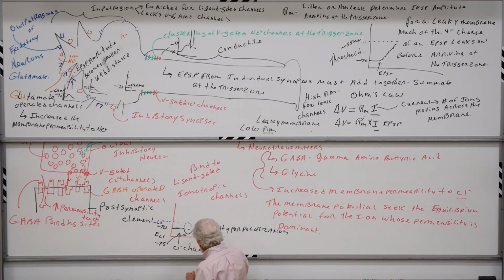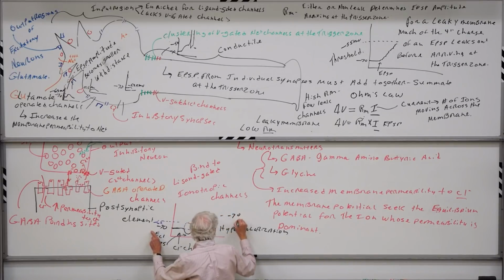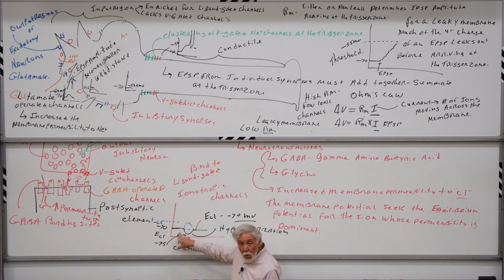Because we could also play the same game here. And rather than setting the equilibrium potential for chloride at minus 75, let's say we set it at minus 70 millivolts. So now we have a bunch of inhibitory neurotransmitter release. They open these GABA-operated channels. And what's going to happen to the membrane potential?